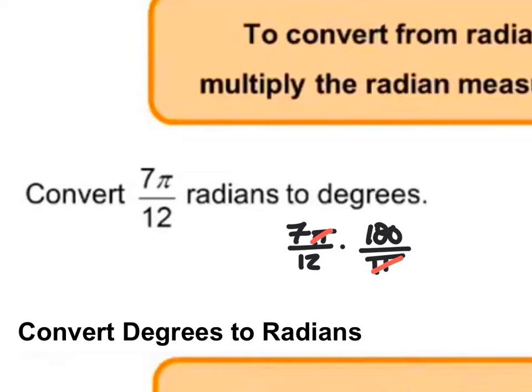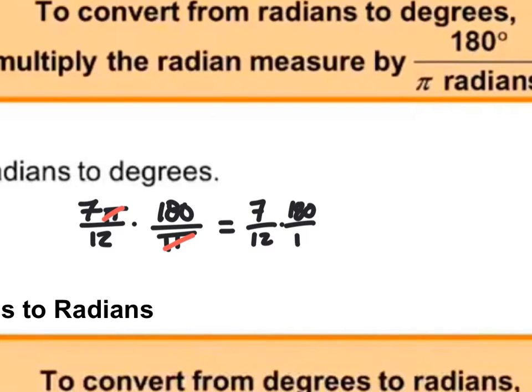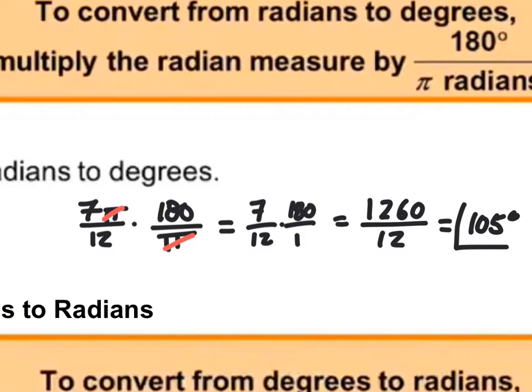Then you get 7 over 12 times 180 over 1. If I take 7 times 180, that's going to give me 1,260 divided by 12. Dividing by 12 gives me 105, and this is 105 degrees.